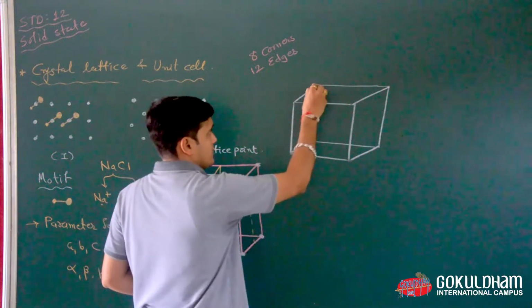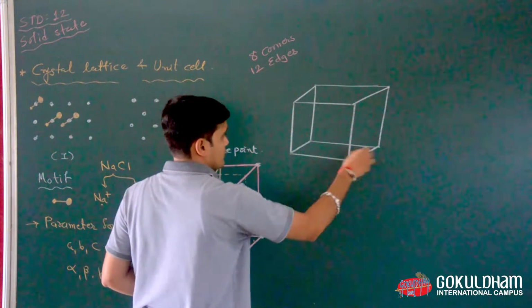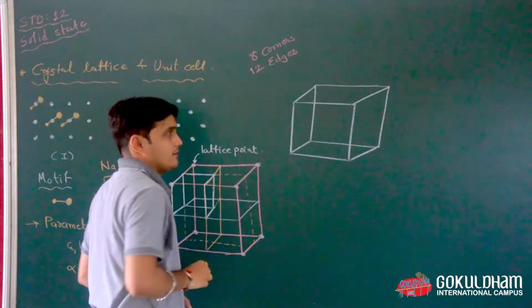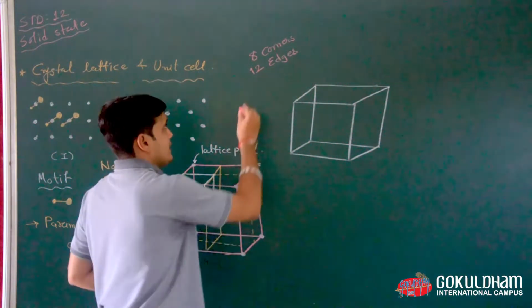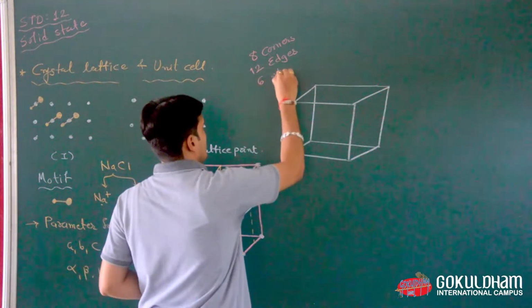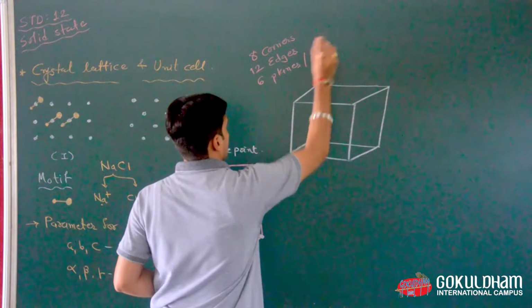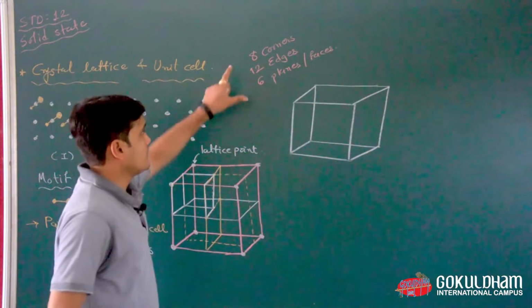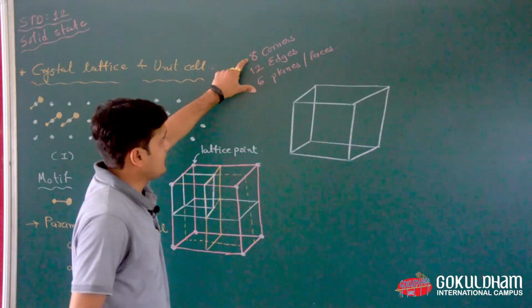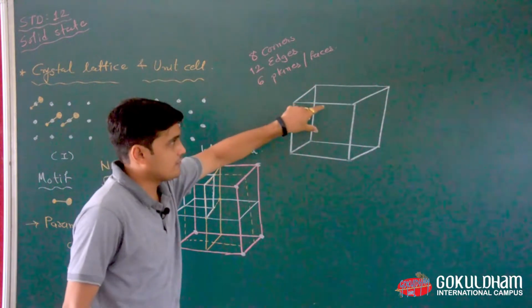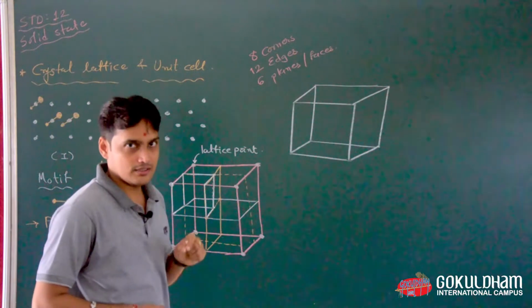Edges means the vertical and horizontal lines, all of which you can count, and that will be 12, and 6 planes or faces. With the combination of 8 corners, 12 edges and 6 faces, you will get one simple unit cell.